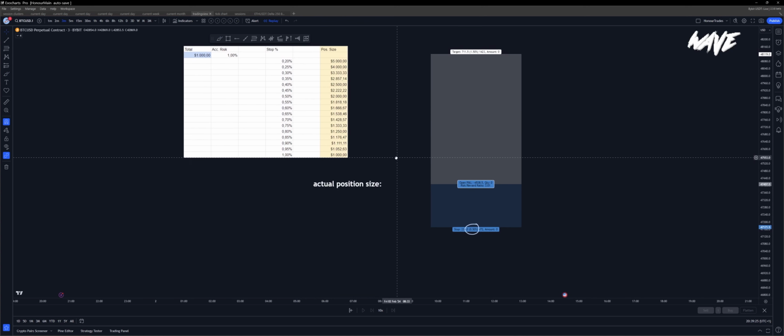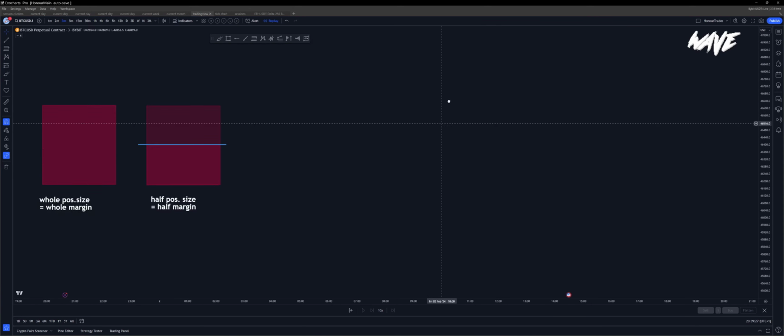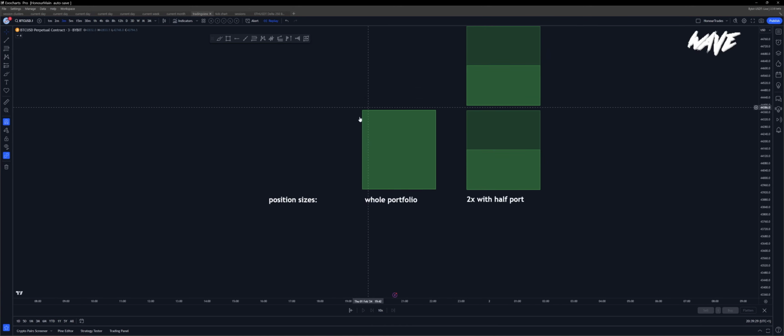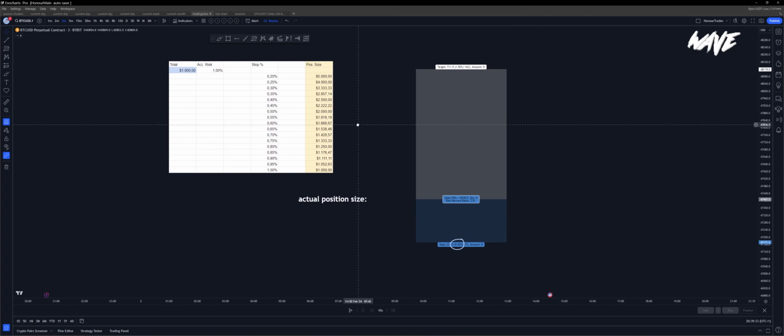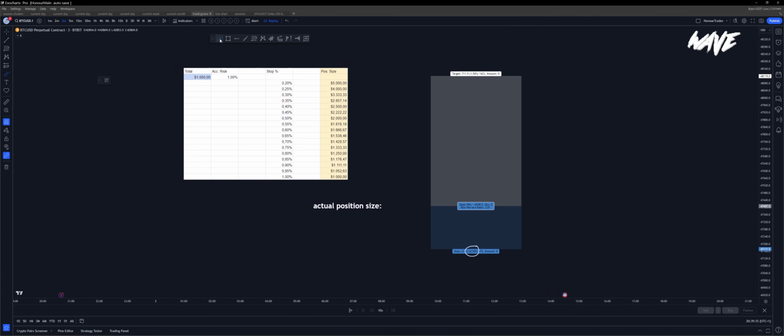If we don't want any other trades, and as shown down here, we want to put our whole portfolio on one trade, we need to use 2x leverage. Why? Because we have $1,000 in our account, and we need to reach $2,000 in order for our account risk to be met when we are stopped out.